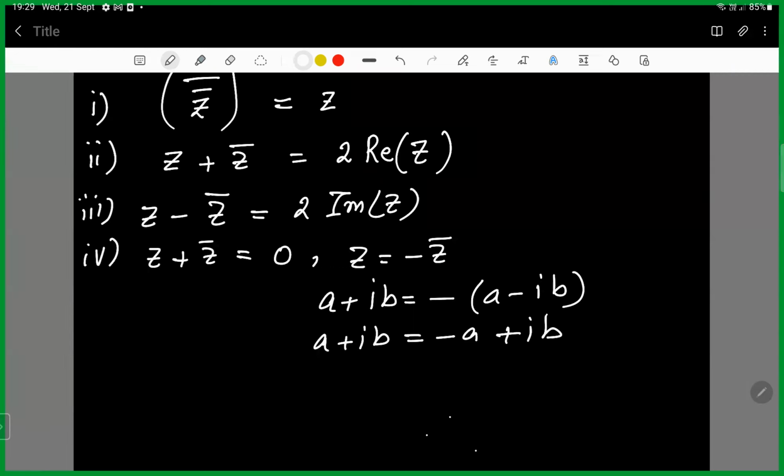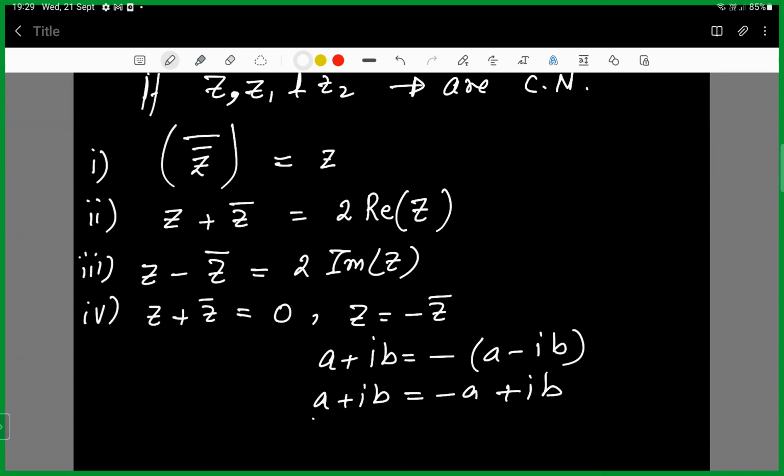What do you understand from that? Can a be equal to negative a? No, right? That's what we said. Now the first thing we said: if z1 is equal to z2, that means a should be equal to c and b should be equal to d. You have written it already.